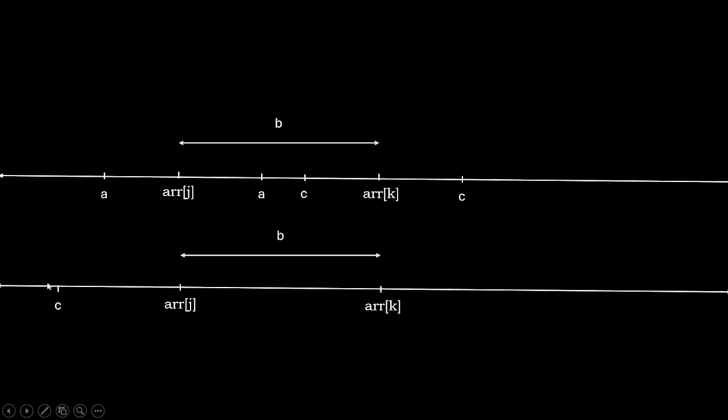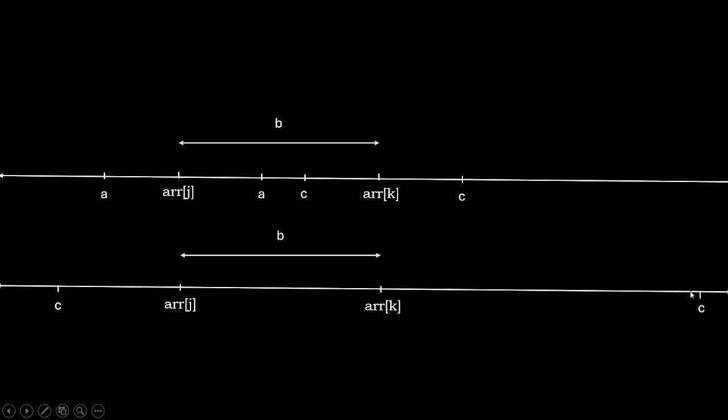So if we place our I anywhere in this entire location, then it will satisfy our second condition, that is array I minus k will be satisfied, right?